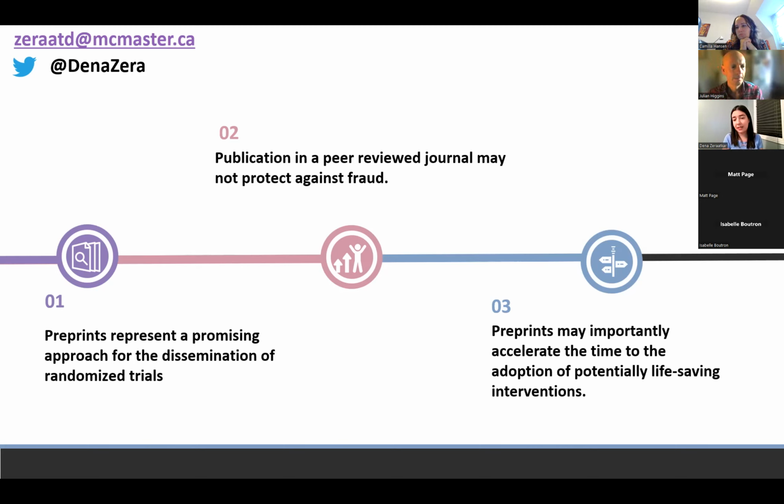To play devil's advocate, one may argue that publication in a peer-reviewed journal may be misleading to lay readers who may put too much faith or confidence in the peer review process. Overall, I'm excited to see the role that preprints will play in the future of evidence synthesis.